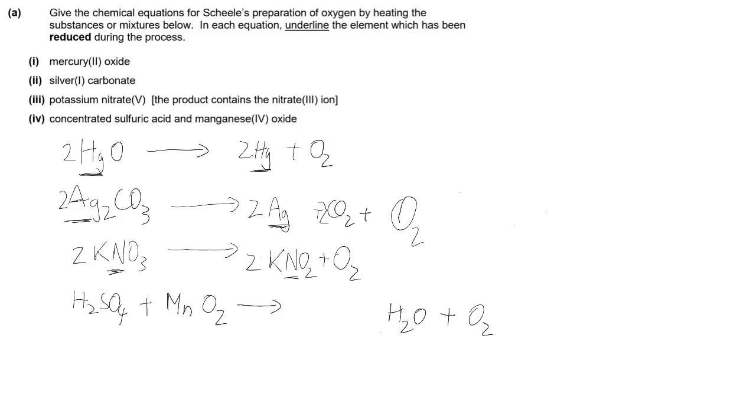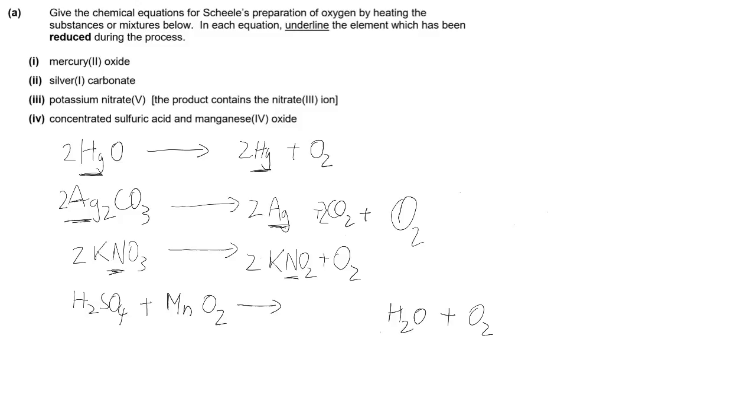So we've still got the SO4 2- ion hanging over here, and we've also got a manganese ion. Now originally we had manganese in oxidation state +4. In order for us to generate this oxygen, we have been oxidizing the O in this MnO2 to O2, because it went from oxidation state -2 to oxidation state 0.